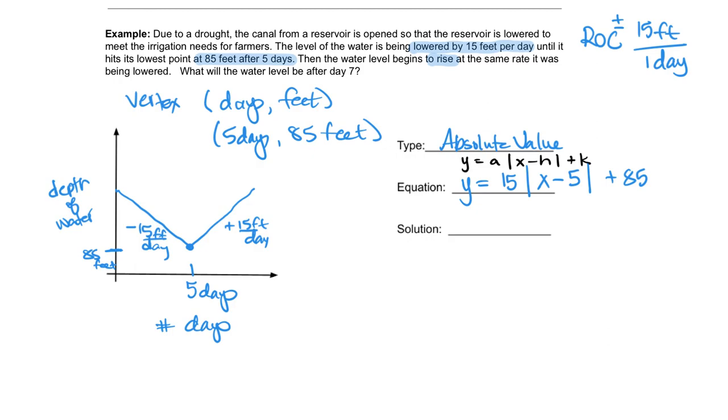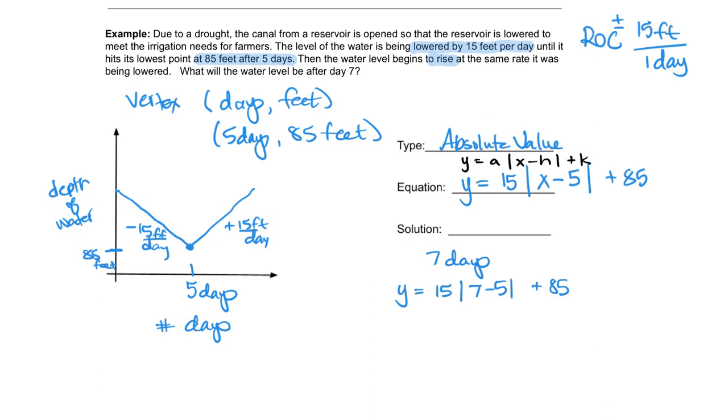And we're going to use this equation to solve for what happens when we're at 7 days. That's our x value. We're going to find our y by taking 15 times the absolute value of 7 minus 5, plus 85.